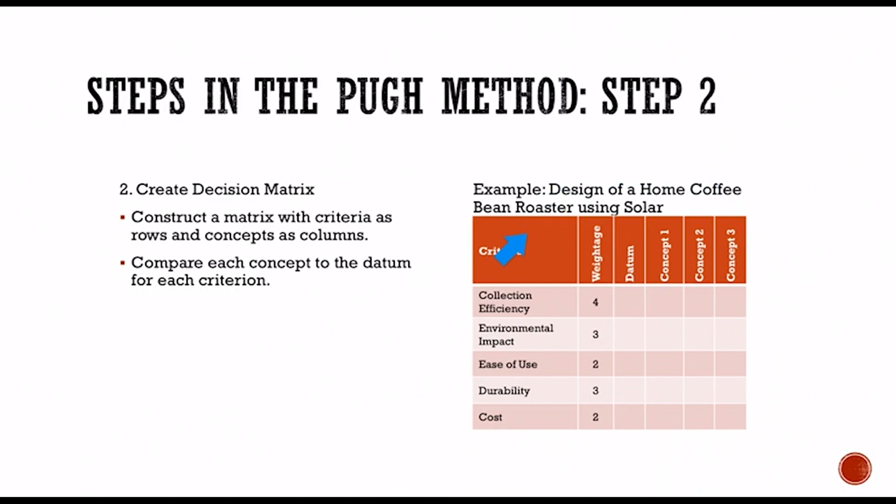On the left column are the criteria that we have set before, and then the next columns after the criteria are the datum, concept 1, concept 2, and concept 3. All of these concepts will be compared to the datum or reference product in terms of the criteria that we have set before.